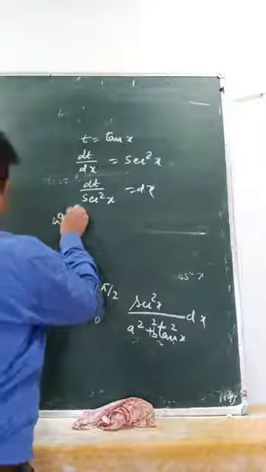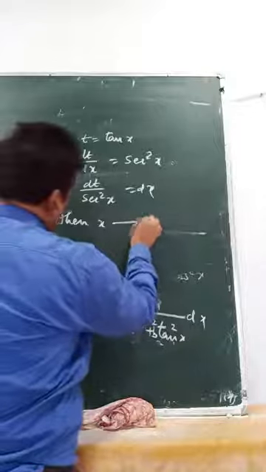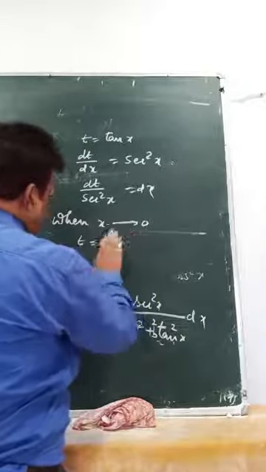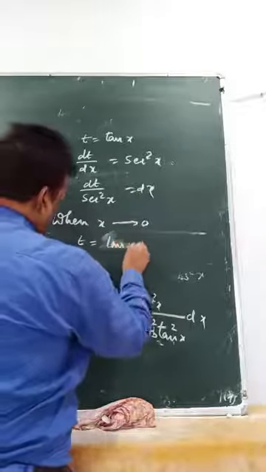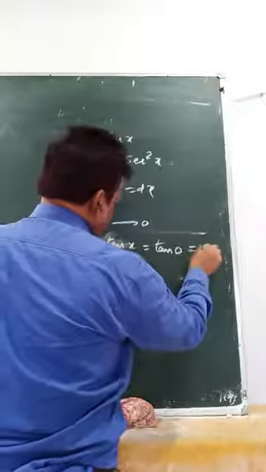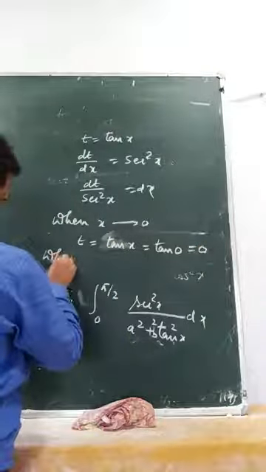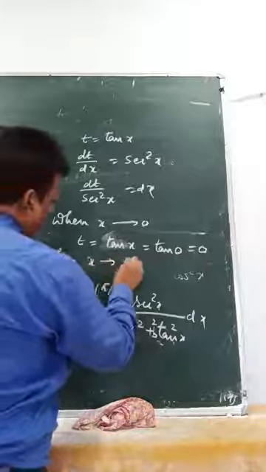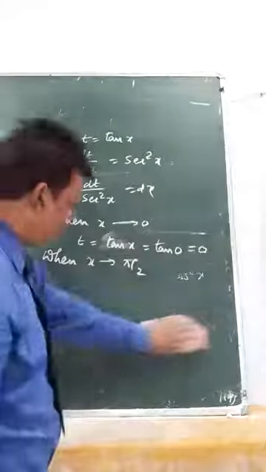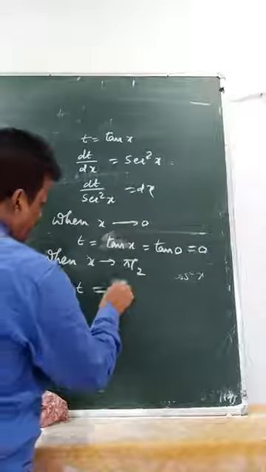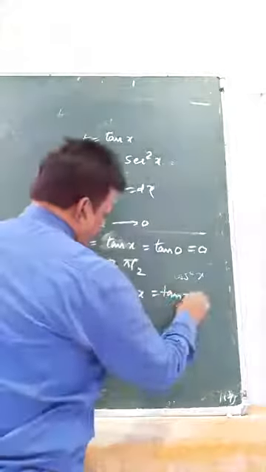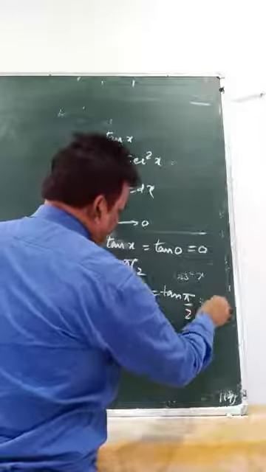When x tends to 0, t is tan x. Tan x means tan 0. Tan 0 is 0. When x tends to pi by 2, this is the x value. So t will be how much? Tan x, tan pi by 2 is infinity.